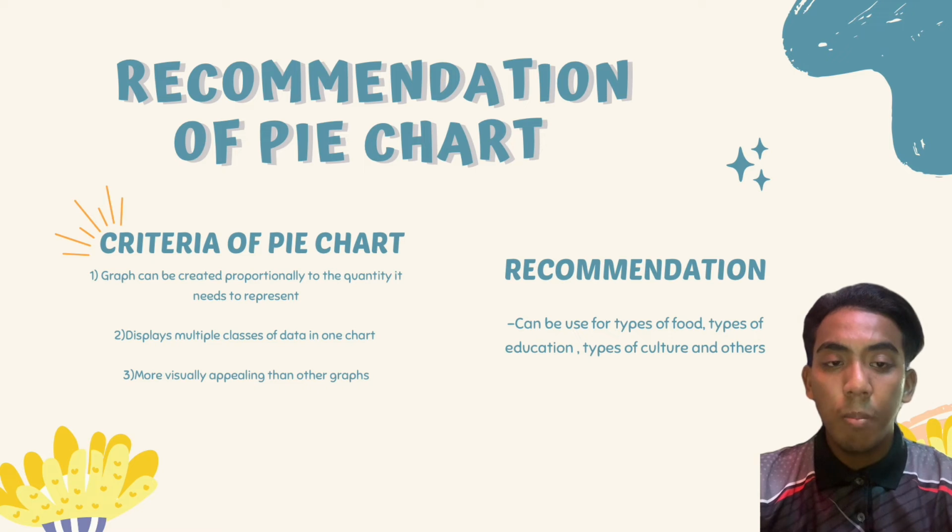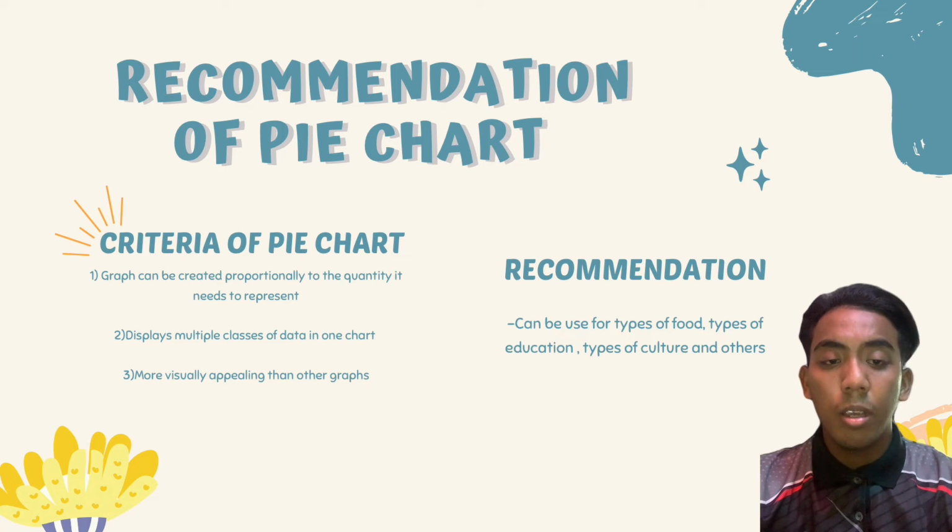Second, display multiple classes of data in one chart. Third, more visually appealing than other graphs. This is because there is a variety of colors that can be chosen to attract people to read.